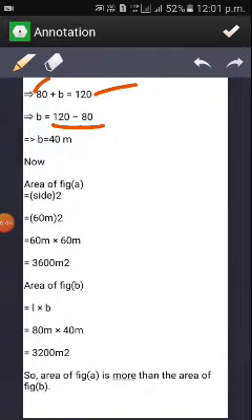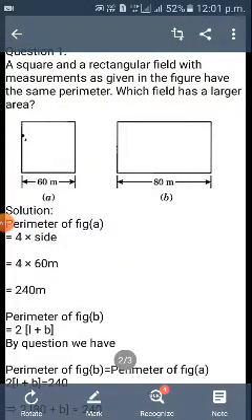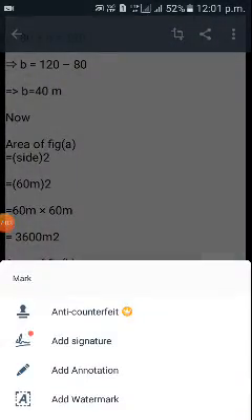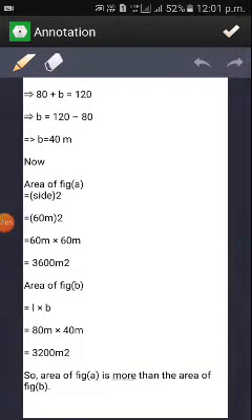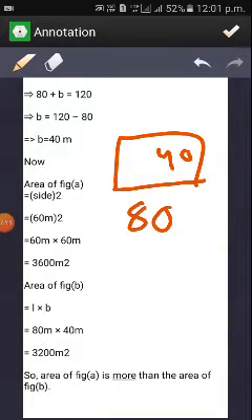So b is equal to 40 meters. We have been able to find the breadth of this rectangle, that is now equal to 40 meters. Its length was 80 and now we got its breadth equal to 40 meters.